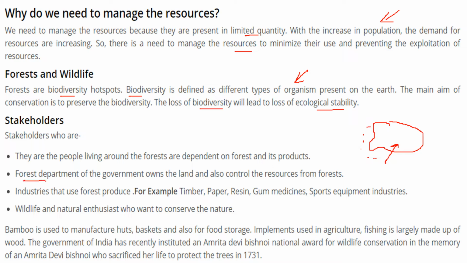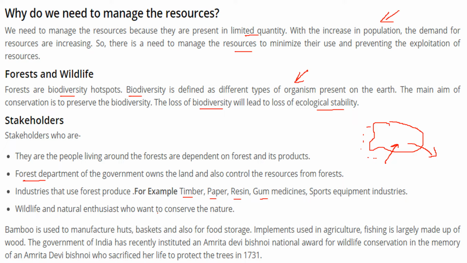And the industries that use products from the forest, like timber, paper, resin, gum, medicines. Also the sport equipment industry. The cricket bat is made of willow wood. So the sport equipment industry also relies heavily on the forest.